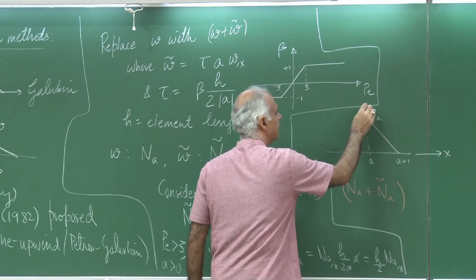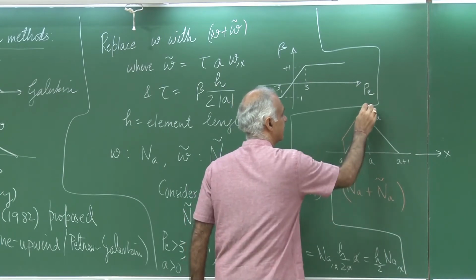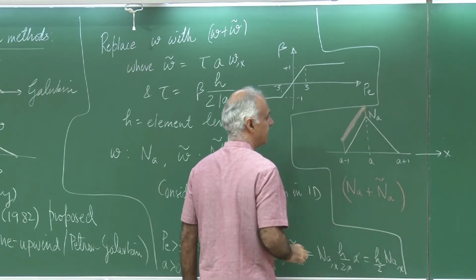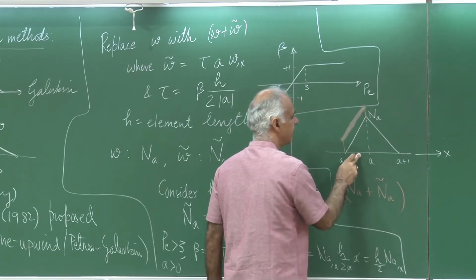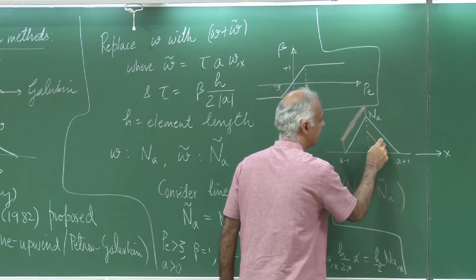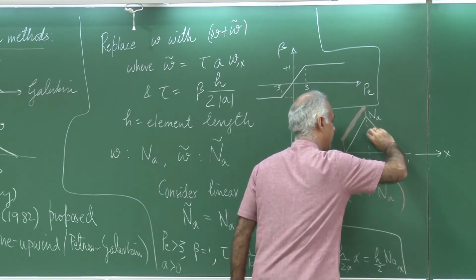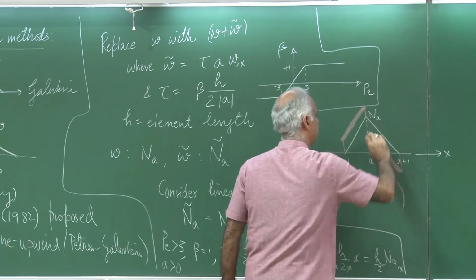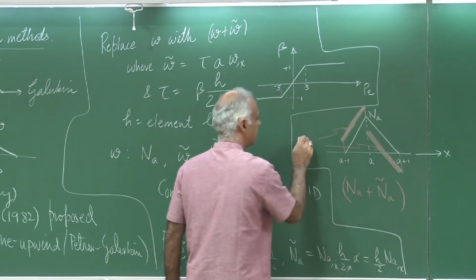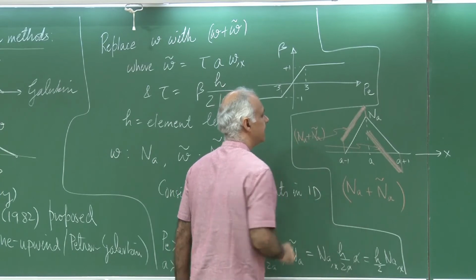So, I would have a positive value here. This is NA plus NA tilde on this part of the element, and on the other part of the element I am going to actually have a negative component. So, it would look something like this. What I have drawn here is actually NA plus NA tilde.